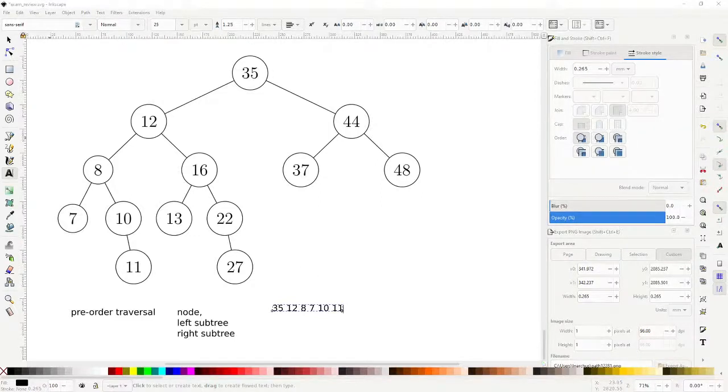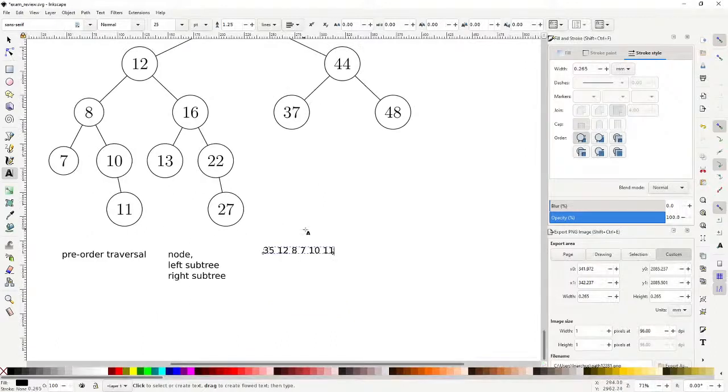Okay, and then what do we do next? Right, we pop up, and then we'll be at 12. So then once we get back to 12, we go right. So then we visit the node, 16. Then we visit left, 13, visit right, 22, and then we'll visit 27.